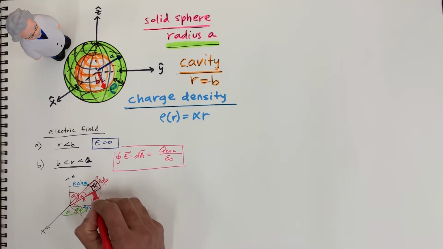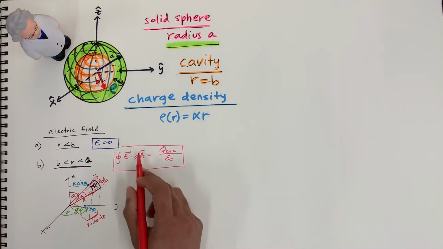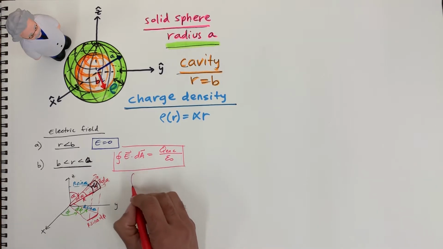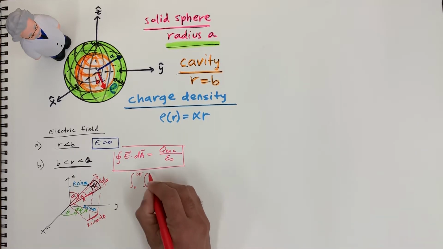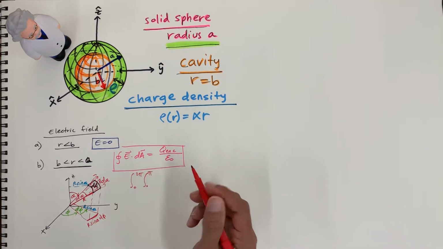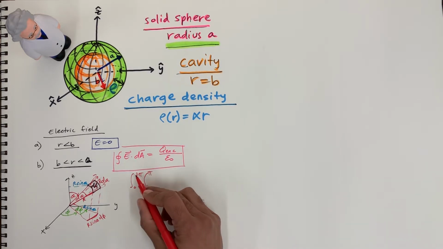And so we need a flat surface in order to understand how much electric field is going through it. Okay, so the integral for the left side is going to be 0 to 2 pi, 0 to pi, and those two limits are from d theta and d phi.